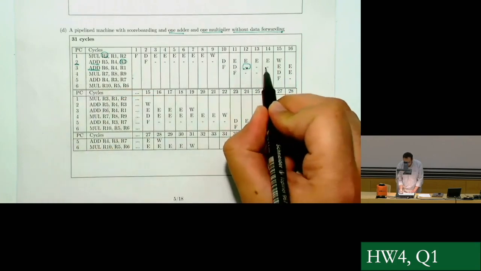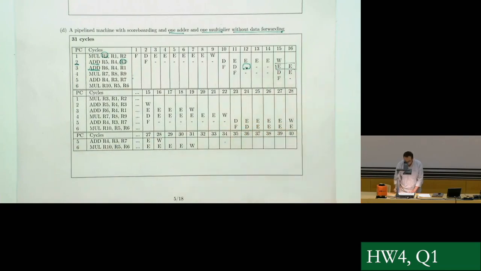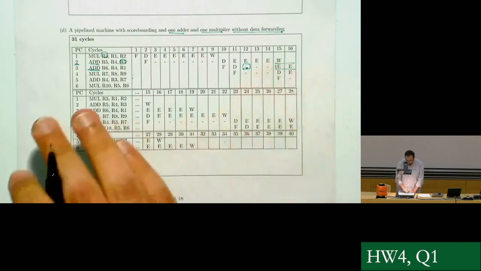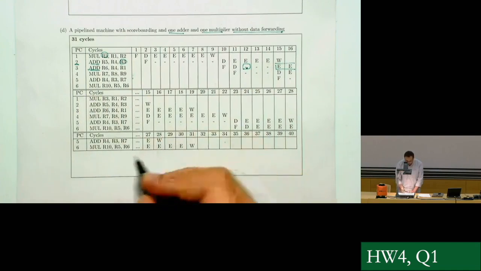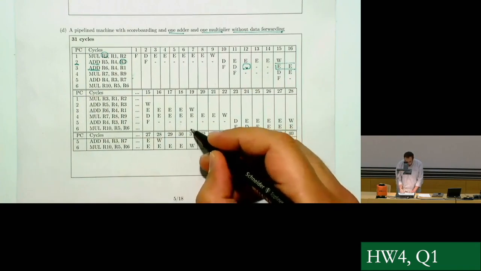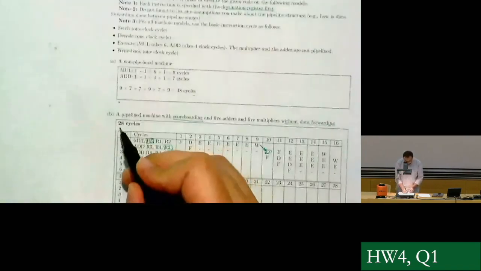So we need to wait until it's completed, and then we start using it from this side. And then once you just follow the same idea and do the rest, you see that now we completed at the 31st cycle, which means that in the previous one it was 28.